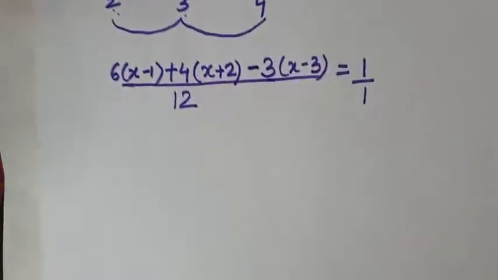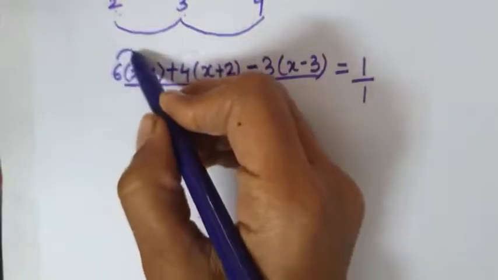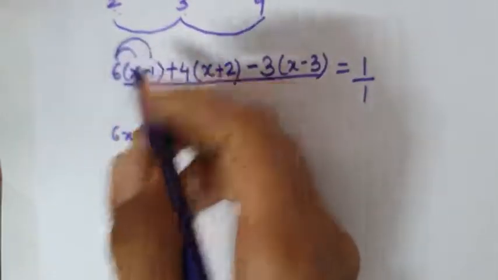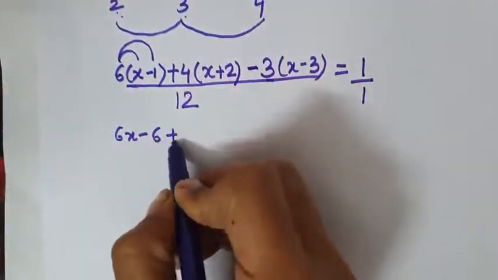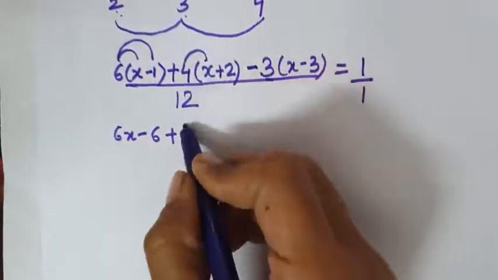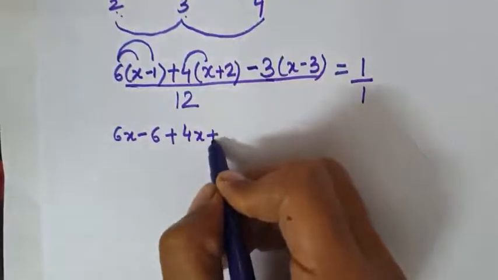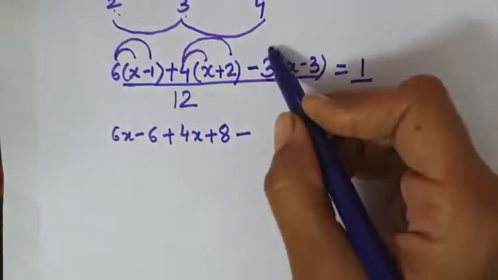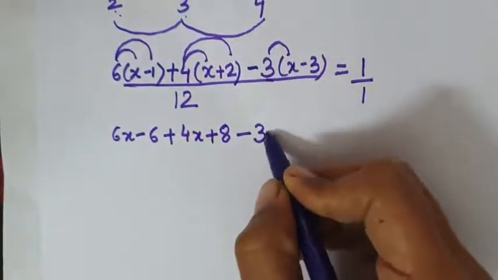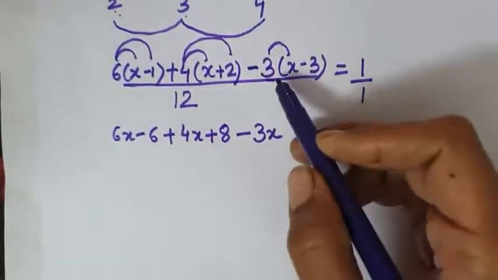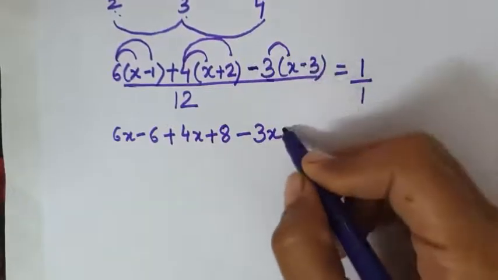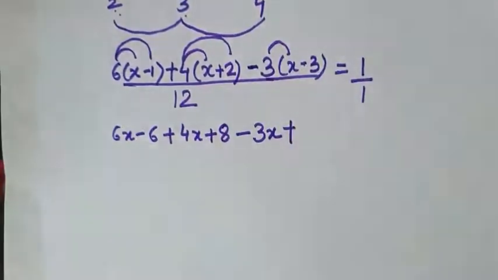Now start simplifying. 6 into x, 6x. 6 into 1, 6. Plus 4 into x, 4x. 4 into 2, 8. 3 into x, 3x. Now wait, minus sign is there, so minus will become plus.